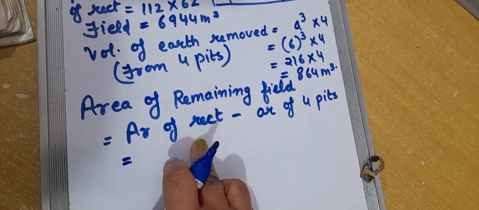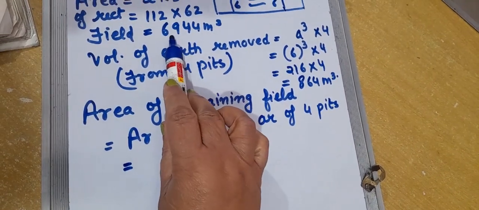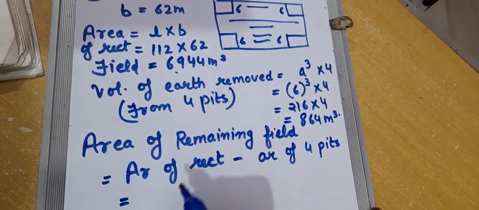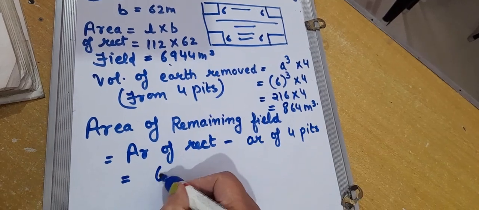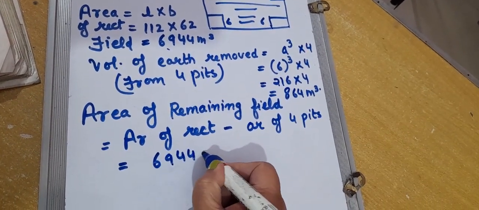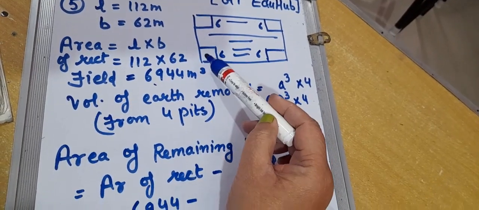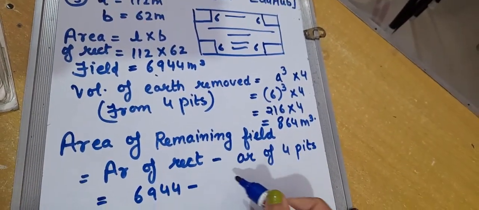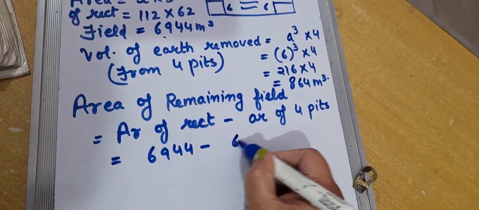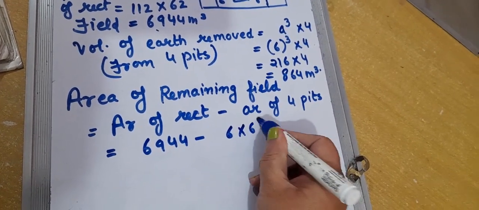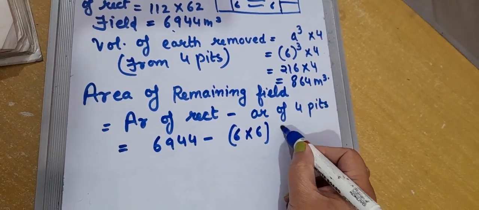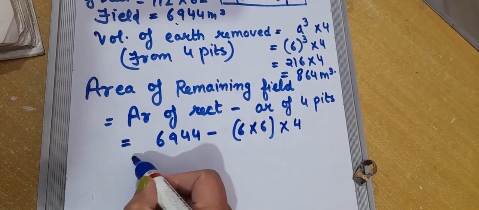So area of rectangle we have calculated earlier, 6944. So write this, 6944 minus area of 4 pits. As we know that all these 4 pits are square, so area will be 6 into 6, 6 square. And as there are 4 pits, so I will multiply this by 4.